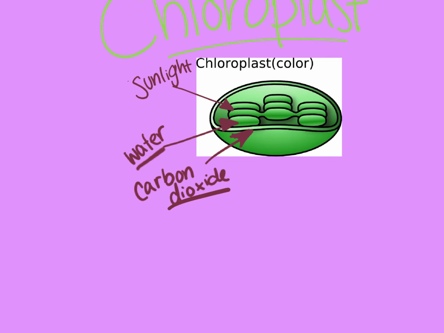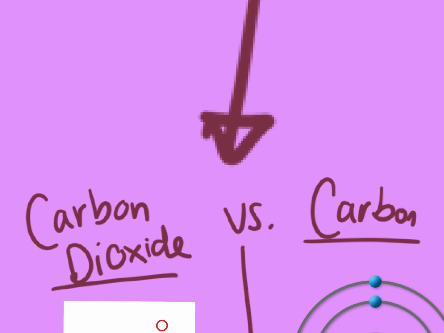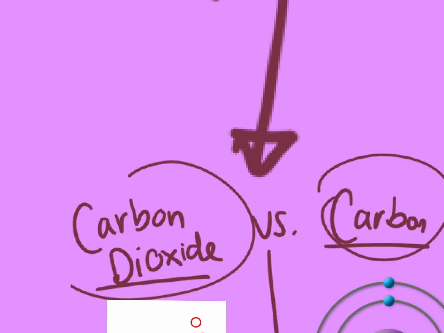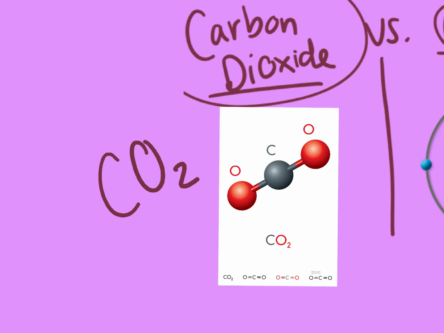I'm going to pause on carbon dioxide here for a second. A lot of times you guys say that carbon is the input, but it's a totally different thing than carbon dioxide. So what is the difference between carbon and carbon dioxide? ¿Cuál es la diferencia entre el carbon y el carbon dioxide?